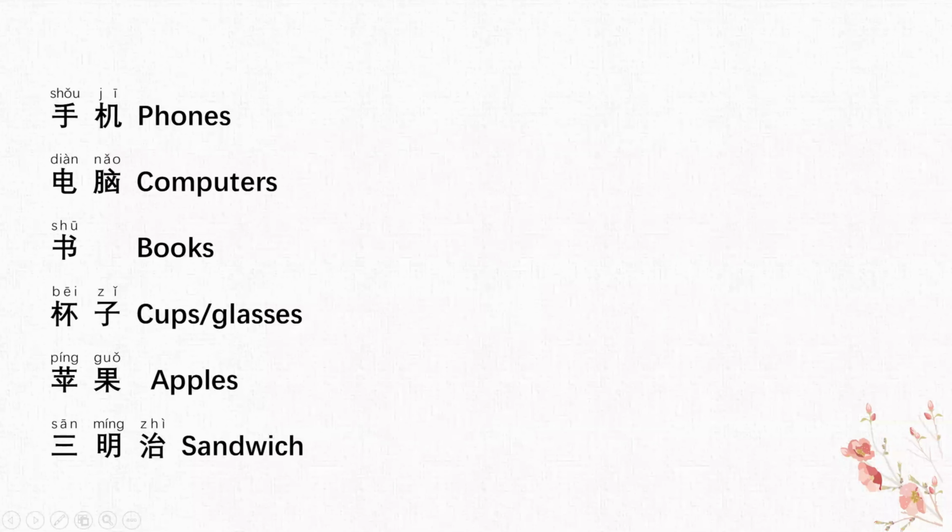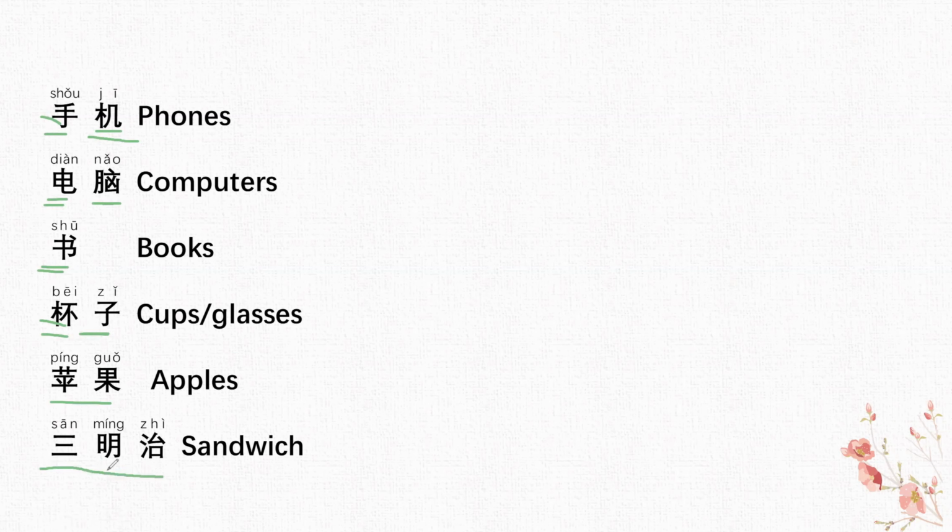So now there are some extra common daily nouns. Follow me, read it. 手机, phones, 电脑, computers, 书, books, 杯子, cups or glasses, 苹果, apples, 三明治, sandwich.